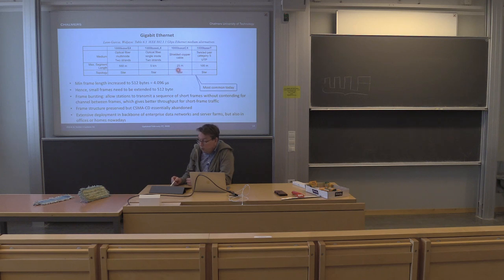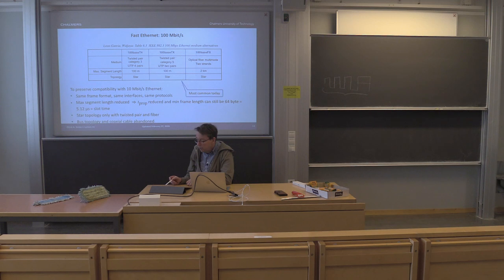Now, going from 100 megabits to 1 gigabit is a factor of 10 in data rate, which means that we need to do something about the frame duration. So the minimum frame length was now extended from 64 bytes to 512 bytes, which then corresponds to 4.1 microseconds, which is similar to the slot time we had for 10 megabits per second, which is 5 microseconds.